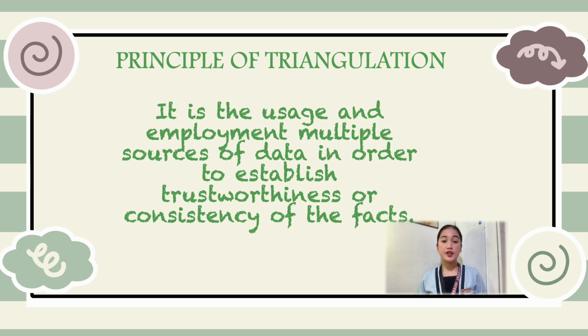It is the employment of multiple sources of data in order to establish trustworthiness or consistency of the facts. So, triangulation in research means using multiple sources of data to confirm the accuracy and reliability of findings. It's like checking a story from different angles to make sure it's true.